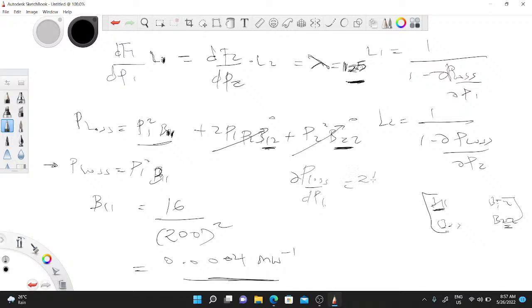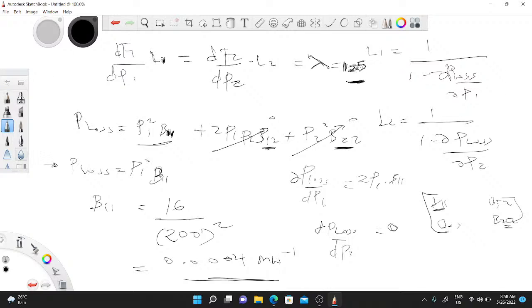That will give you 2P1 B11, right? 2P1 B11. Also, let me find dP loss over dP2. There's no P2 component here, so that will give me 0. So I can come and put these values here.